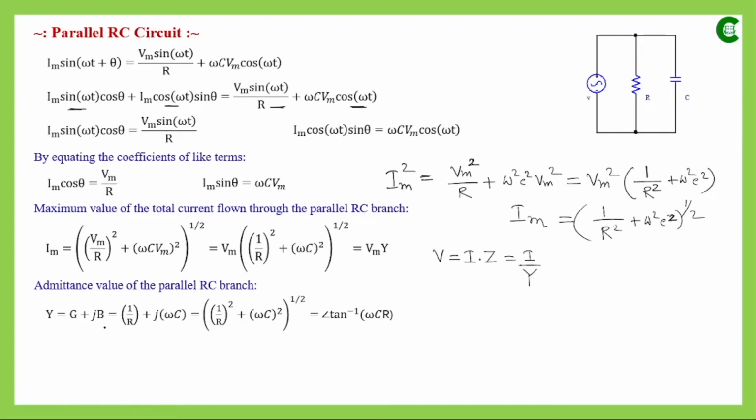Capacitive susceptance is the reciprocal of the capacitive reactance, and capacitive reactance is 1 by j omega C. So it will be 1 divided by 1 by j omega C, which means we finally get the j omega C term in the numerator, and that's why it has been written directly as 1 by R plus j omega C.